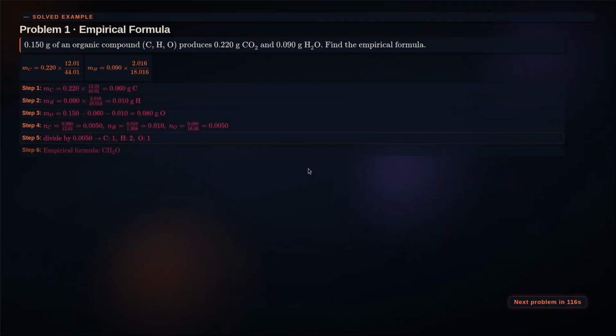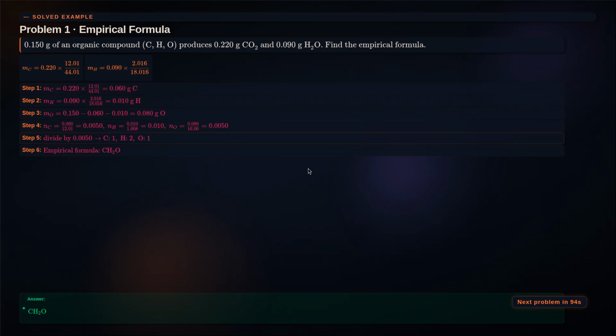Problem 1. Finding the empirical formula. A 0.150 gram sample of an organic compound containing carbon, hydrogen, and oxygen produces 0.220 grams of CO2 and 0.090 grams of H2O. Step 1. Calculate the mass of carbon.